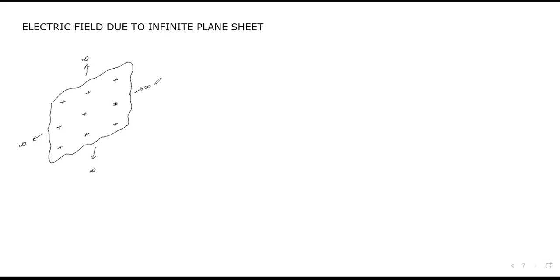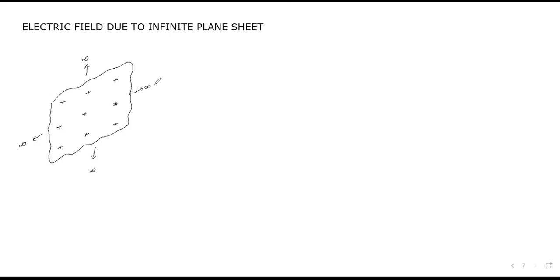And now we are going to calculate the electric field due to this sheet. Okay. Then can anyone tell me what is the first condition? First of all, we should choose a Gaussian surface. Am I right or not?